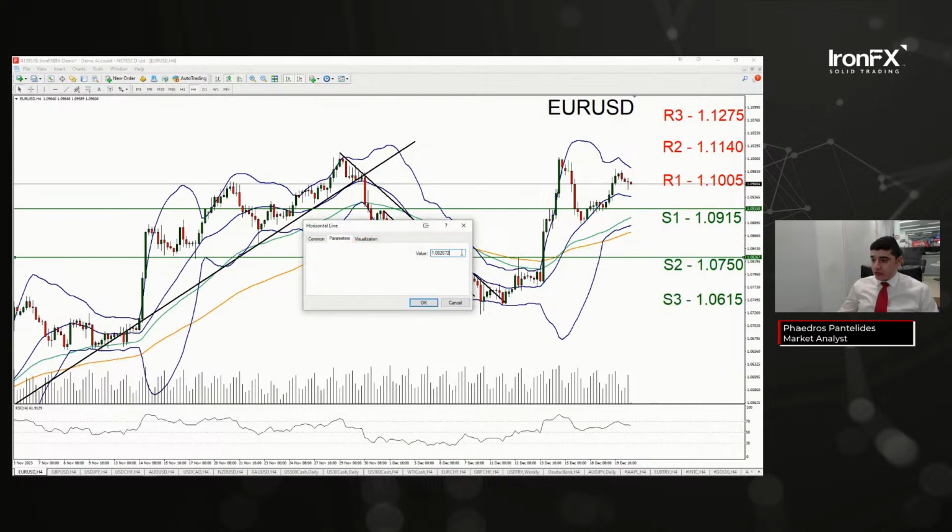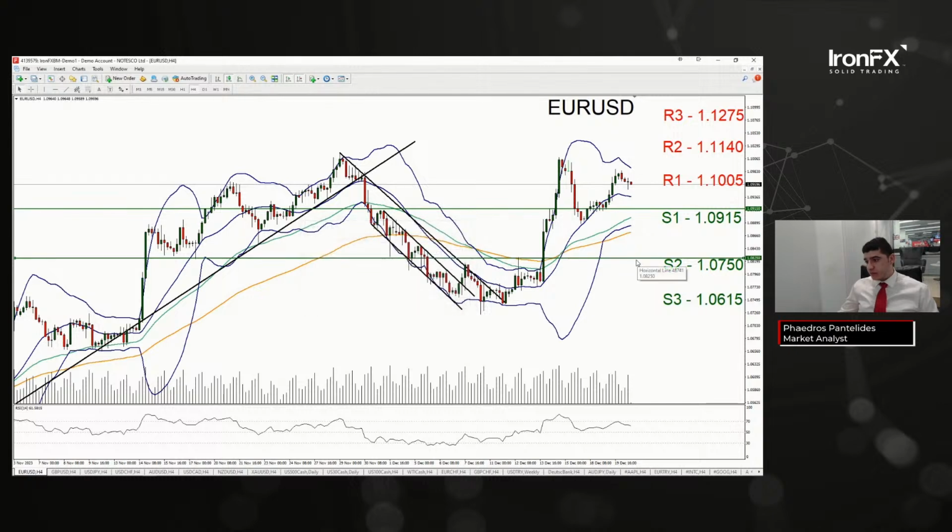So for the euro against the dollar, we can have S2 at 1.0825. We're taking this wick validated by this testing of resistance, which was broken and has now potentially become support.